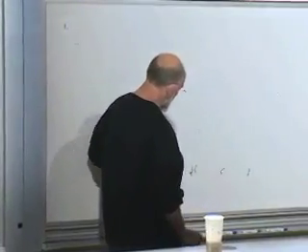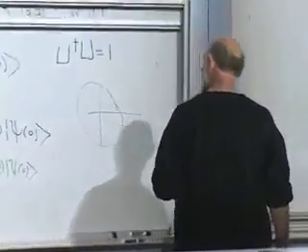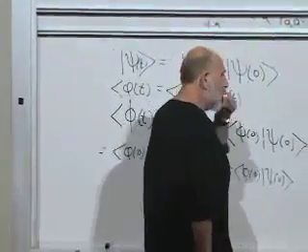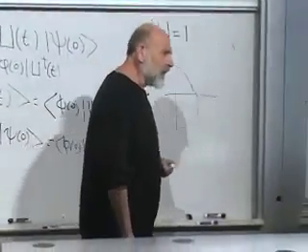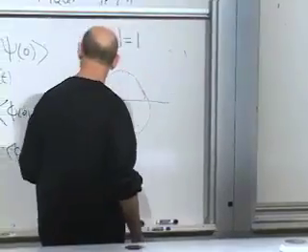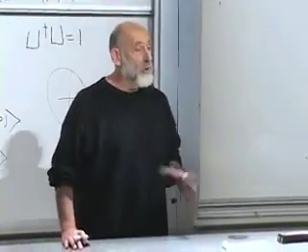And let's see what it says for a matrix to be unitary. First of all, if epsilon is equal to 0, then u is equal to 1.